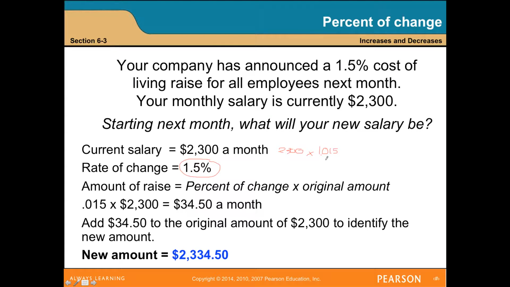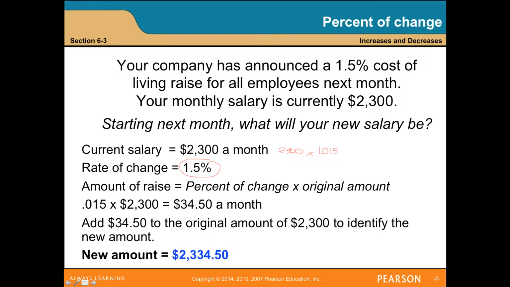Okay? So what happens when you do that, you got 2,300 times 1.015, and you get $2,334.50. So why does that work? That works because you're multiplying 2,300 times 1, right?